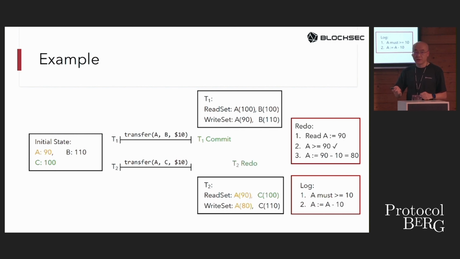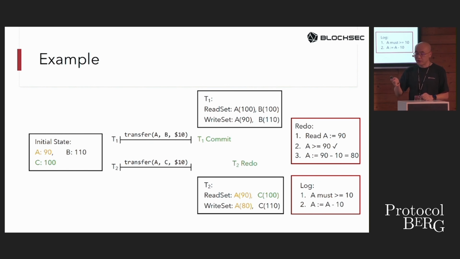In this case, during the execution we perform extra logging of the execution. I will talk about what the operation log is later. But because we have the operation log during the execution, we can redo part of transaction T2 instead of re-executing the whole transaction.